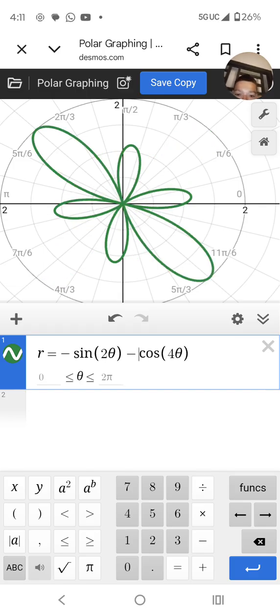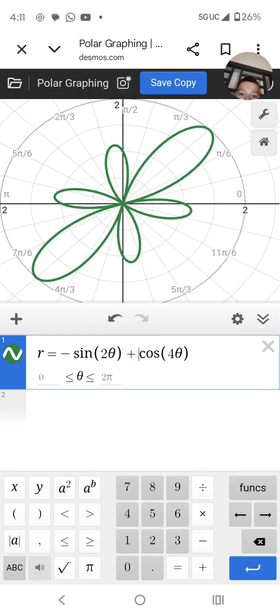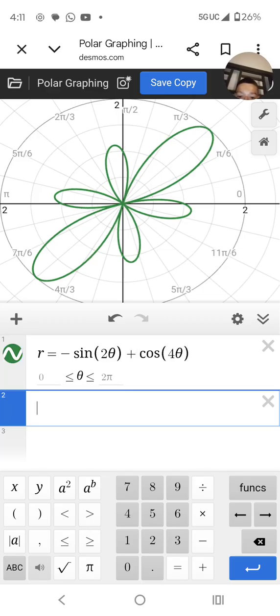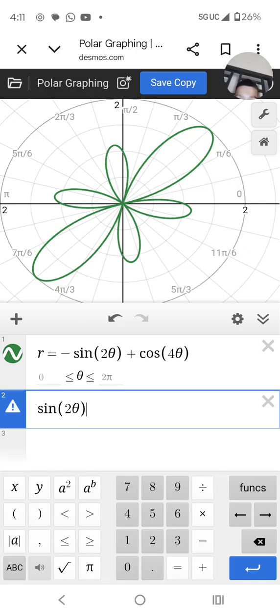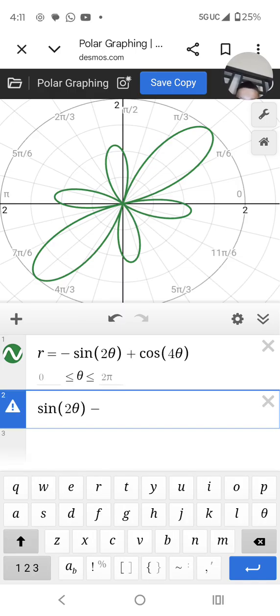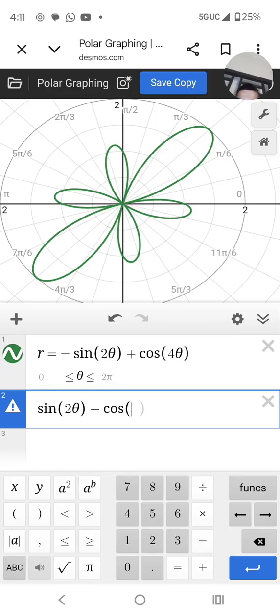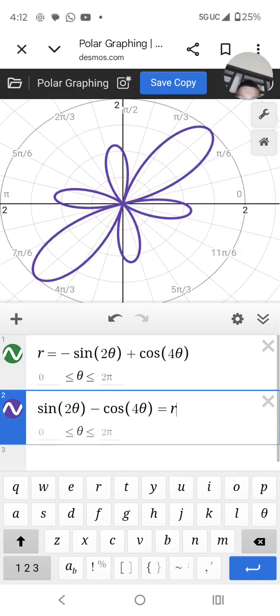If we do the negative and then plus, sine 2 theta minus cos 4 theta equals r.